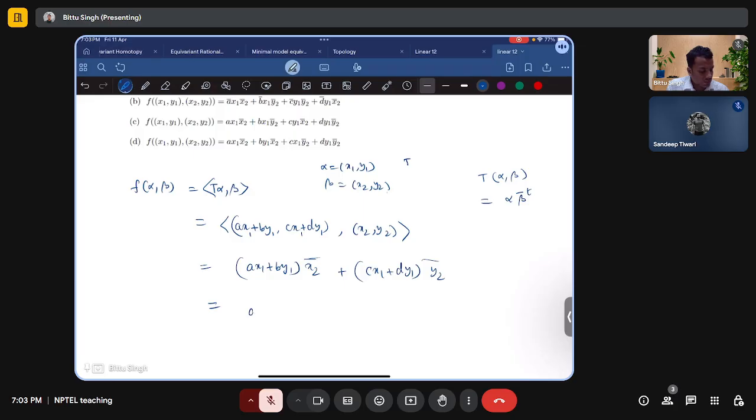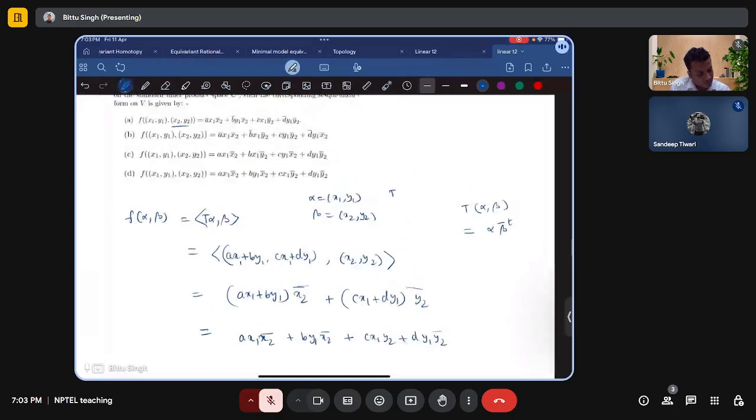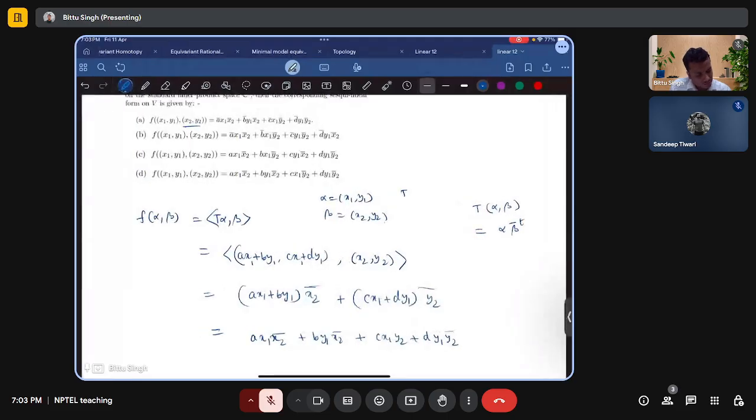So just expanding, we are getting a x1 x2 bar plus b y1 x2 bar plus c x1 y2 bar plus d y1 y2 bar. So this is the same as option C or D. Okay, option D is the correct answer.